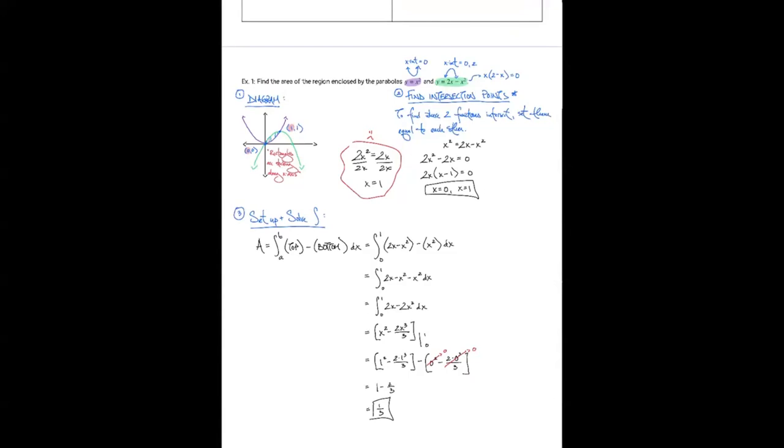We found some intersection points because it was the region enclosed by it. And then we plug that into our area formula, making sure that we picked the right functions, put them in the correct place, had the correct bounds, and then the rest is all the skills we developed in chapter 5, right? All of this is from chapter 5. Now we're just putting it in a context, an application.